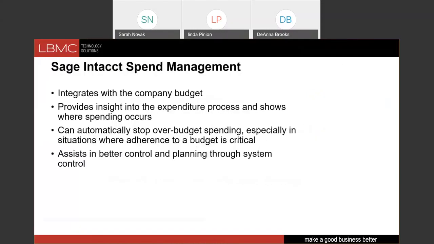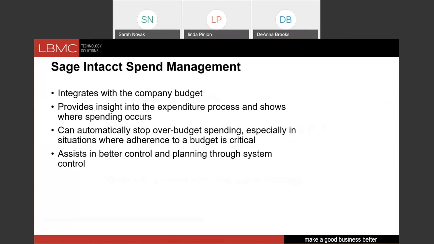So let me introduce you to spend management. And spend management is a separate SKU. It's one that a lot of people have looked at from a specific vertical early on, and that vertical was not-for-profit. It was something that we heard from the folks in that vertical loud and clear.